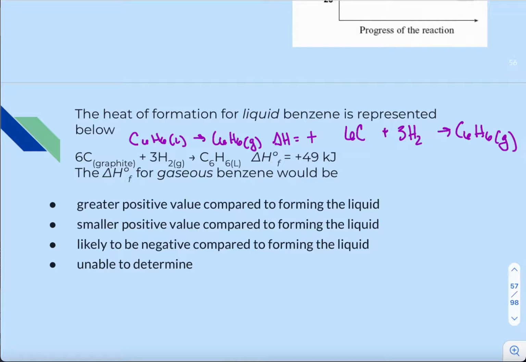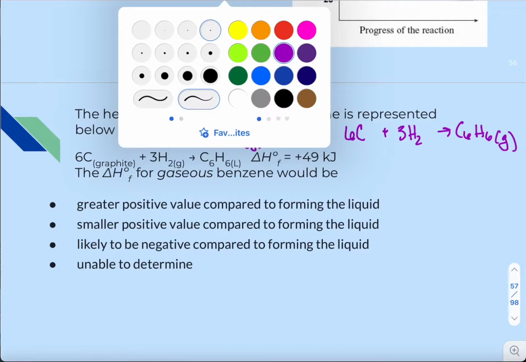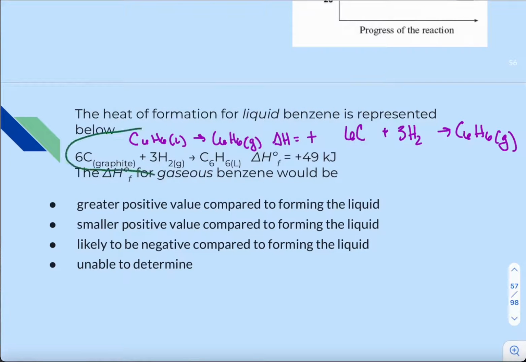Okay? If we combine these two with Hess's law, we can cross out the liquids and get our overall formation reaction. So all I did here for the overall reaction, in case it's not clear, is I wrote a formation reaction. I took the individual elements of benzene and I just made it gas instead of liquid.